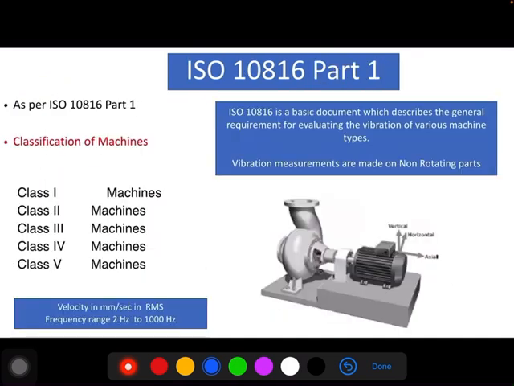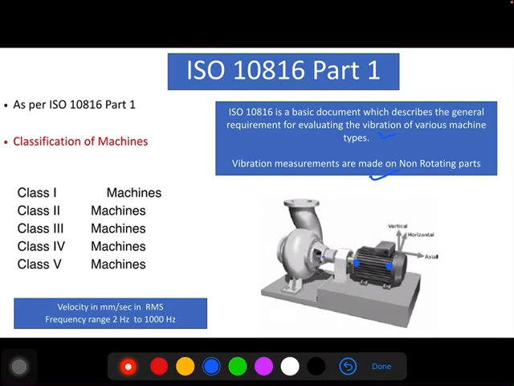ISO 10816 part 1 is a general guidelines document. It is a basic document which describes the general requirements for evaluating the vibration of various machine types. In part 1 of 10816, the vibration measurements are done on non-rotating parts, which means the vibration is measured on the housings, very near to the bearing location.